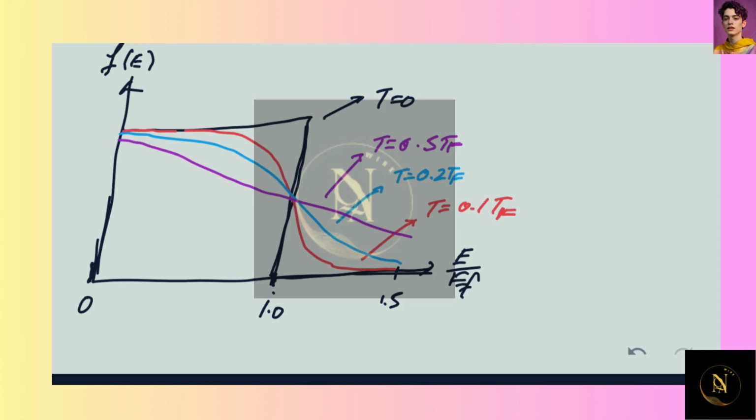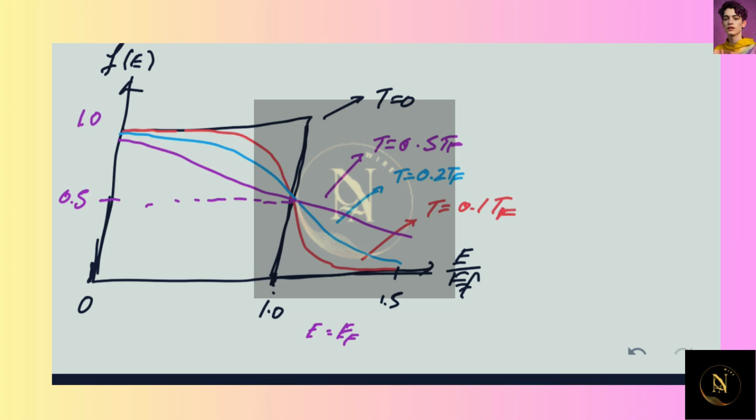Now you should see a pattern arising. They all start off near 1 and then they decrease, and when they reach the point when E over EF equals 1, that is, when the energy E equals the Fermi energy EF, it cuts the point at 0.5.